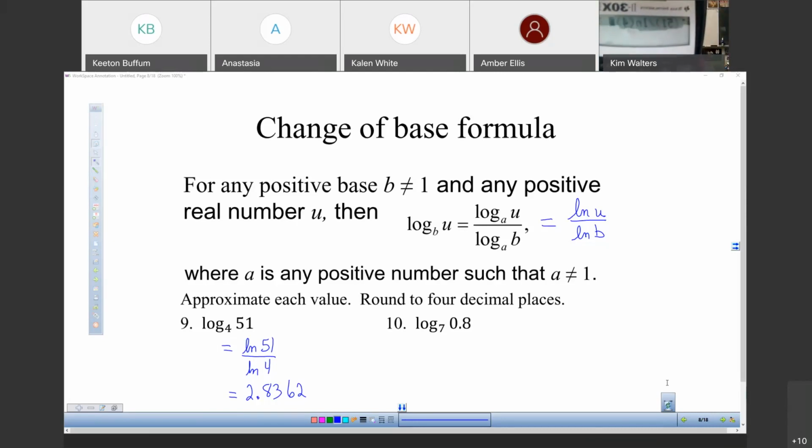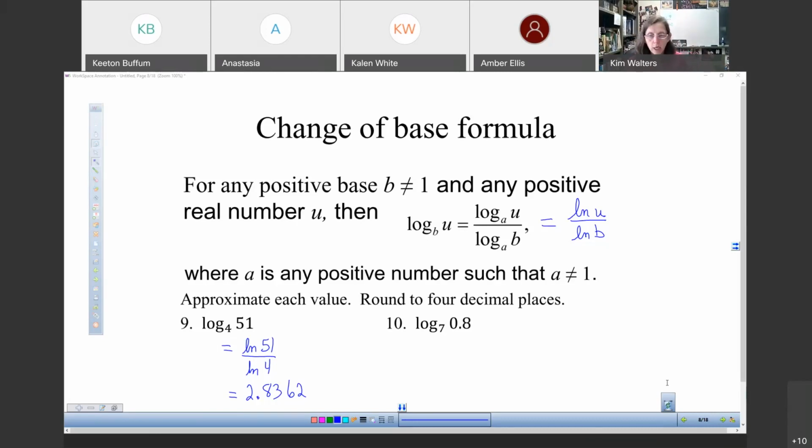If you've got this calculator, that's what it should look like before you do anything else. So hopefully that will eliminate the problems here.